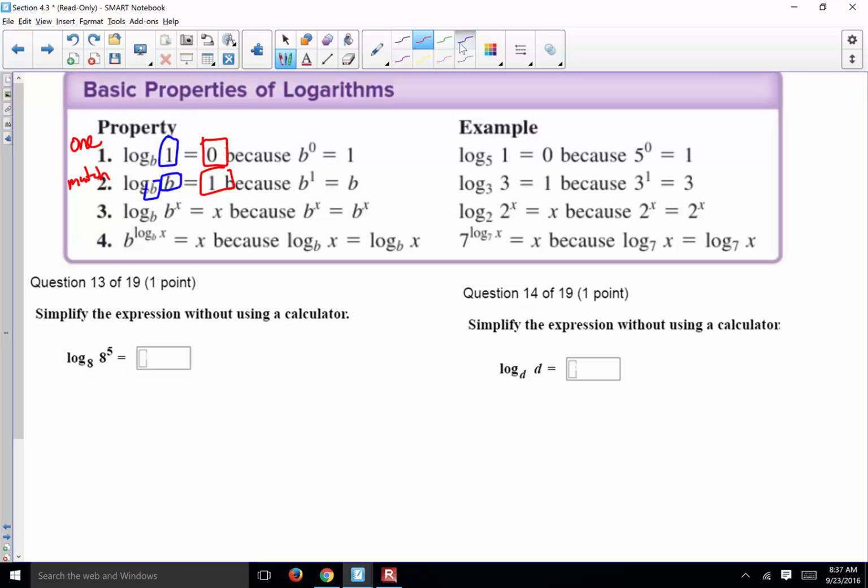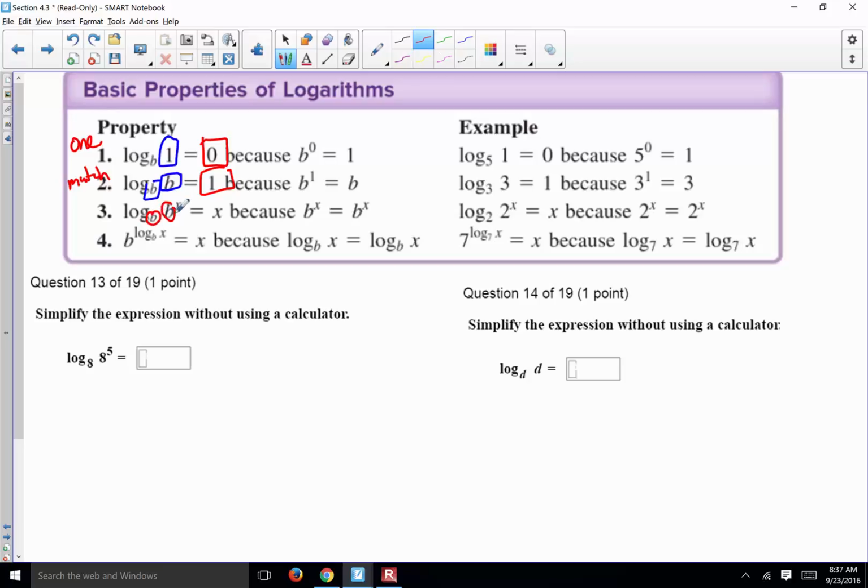This is the property of matching number and base, but the number is raised into another power. I call this the power rule. Okay, so you have a power, but these two are matching. This is important. These two are matching. You can't do this with any other number.